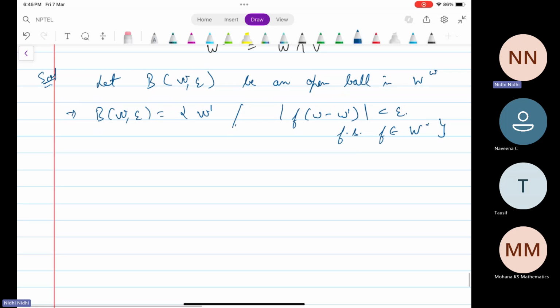Now by Hahn-Banach theorem, for this f, I can find its extension in V star. So I can write it as W intersection all those points V' in V such that |f tilde(W) - f tilde(V')| is less than epsilon.